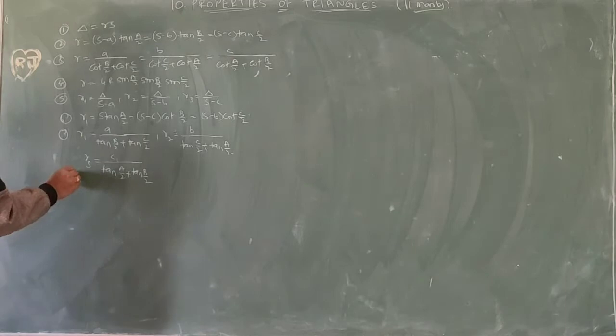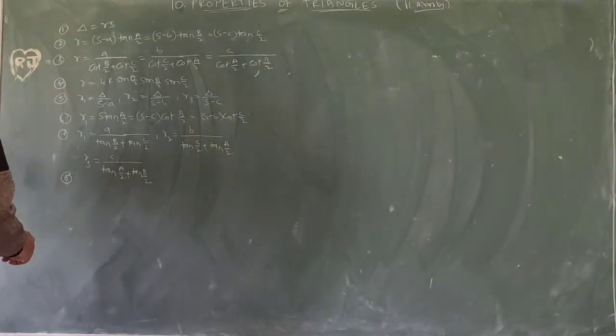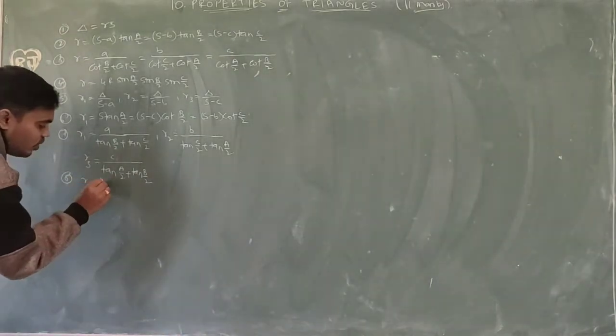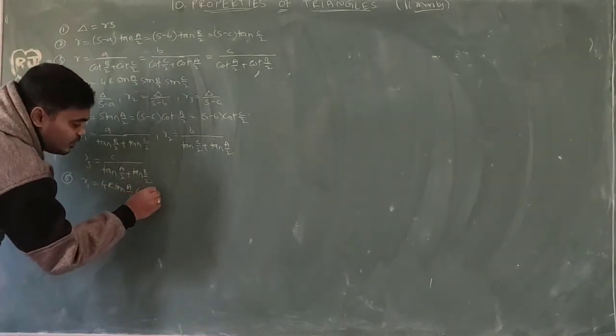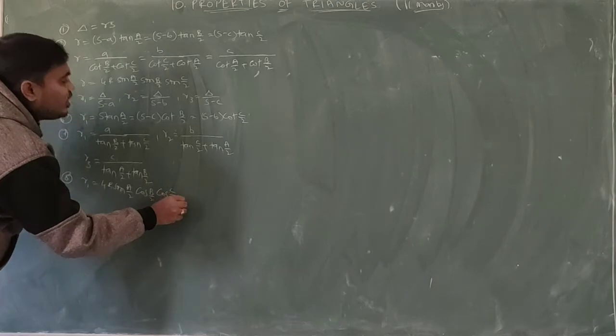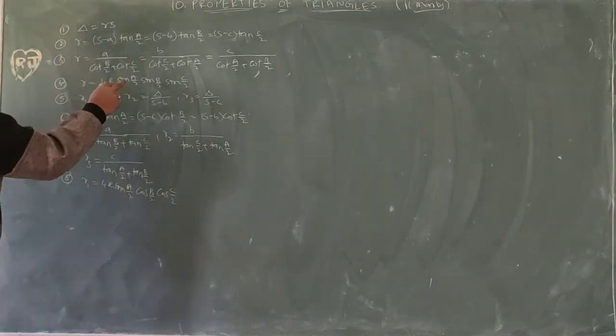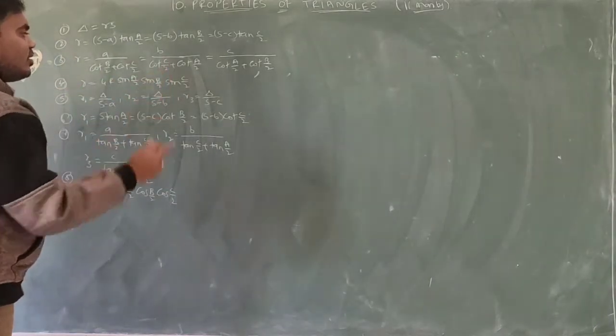Next, r1 equal to 4r sin a by 2 cos b by 2 cos c by 2. So here, the smaller formula is 4r sin a by 2 sin b by 2 sin c by 2, all sines.